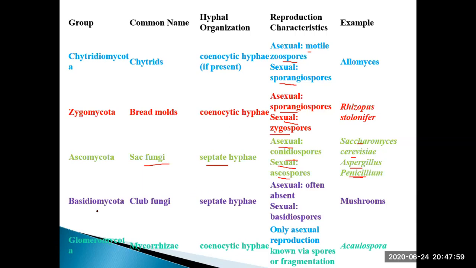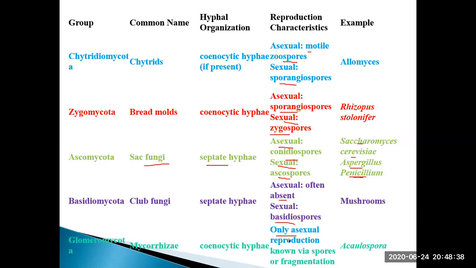Then our fourth one is Basidiomycota. Its common name is club fungi, and its hyphal organization is septate hyphae. Asexual reproduction is about 10%. Sometimes it shows asexual reproduction, but mostly it shows sexual reproduction with basidiospores. Example, mushrooms. Then our last one is Glomeromycota. Its common name is mycorrhizae. Its hyphal organization is coenocytic hyphae, and sexual reproduction is absent there.